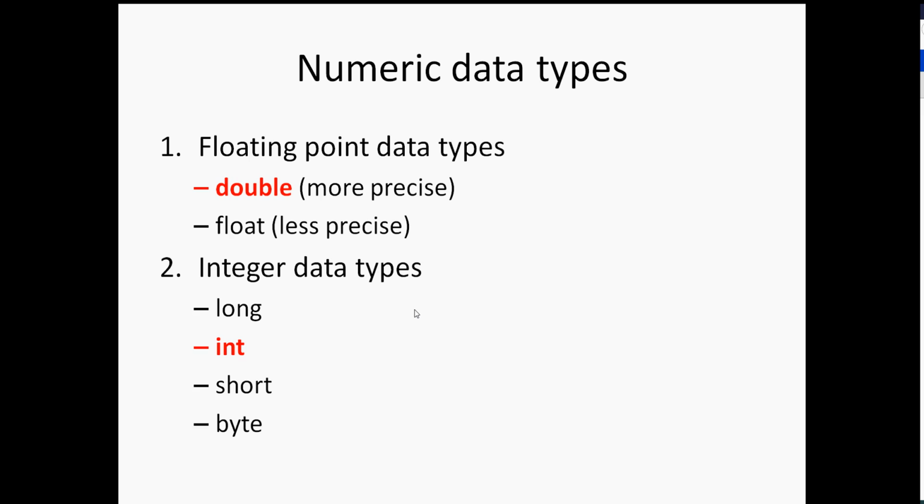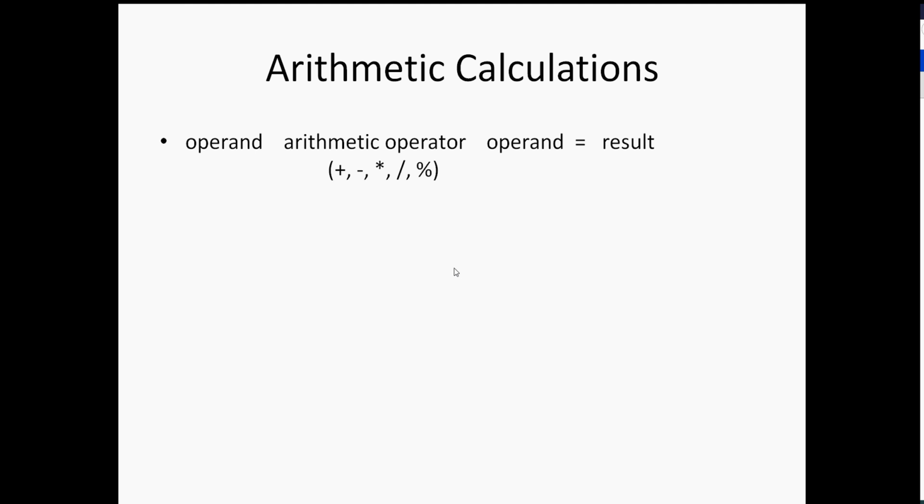Let's move on. With arithmetic calculations, a calculation in Java is really always going to have two numbers, two pieces of numeric data that are going to be added, subtracted, multiplied, divided, or whatever.